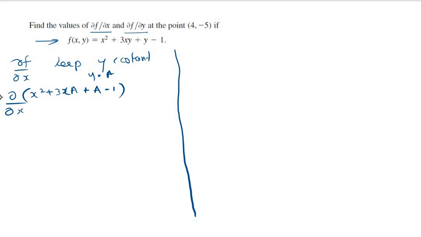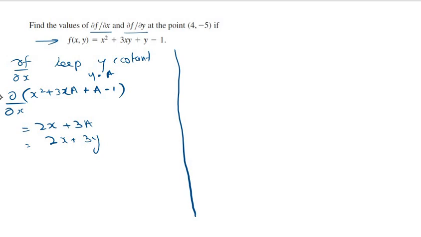When you differentiate x squared, you get 2x. When you differentiate 3ax, you get 3a. And these are constants. When you differentiate constants, it's 0. So if we substitute back, a is y, so we get 2x plus 3y.